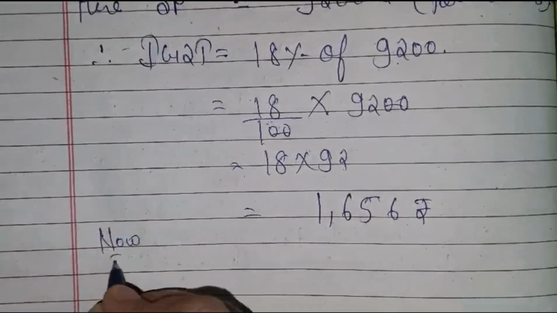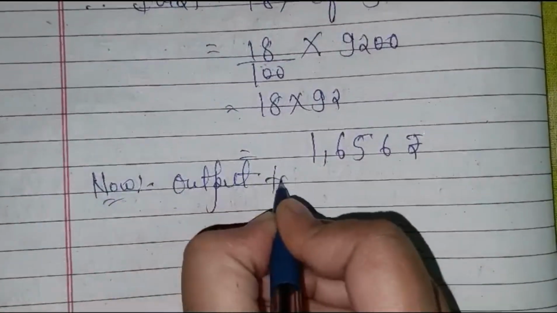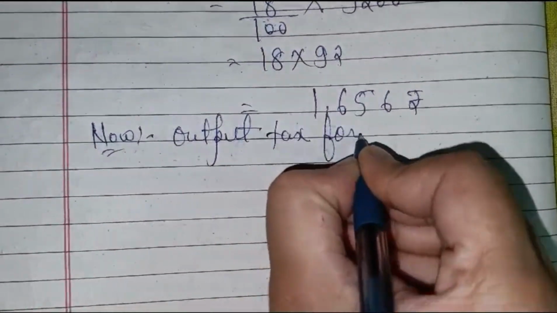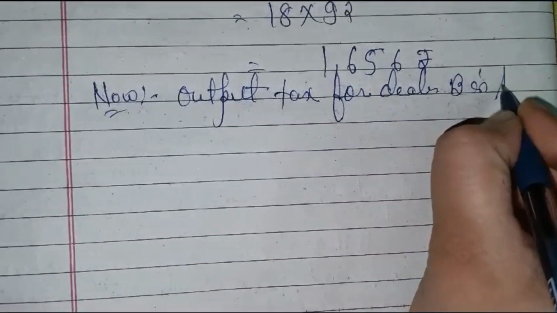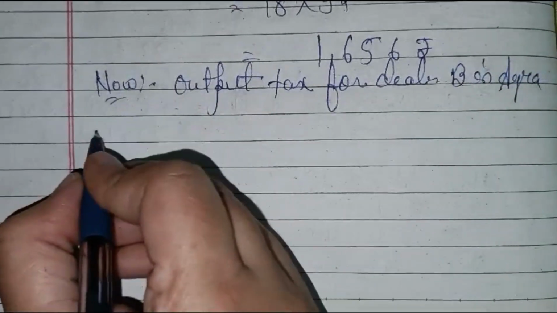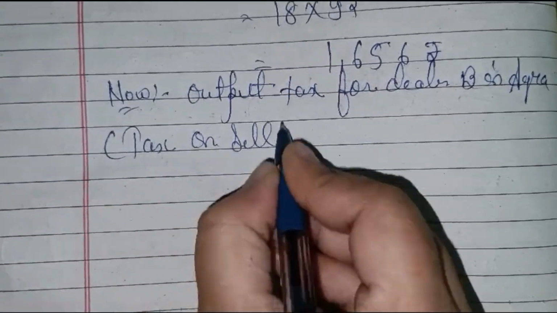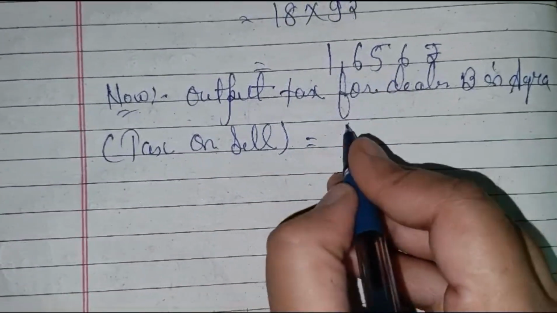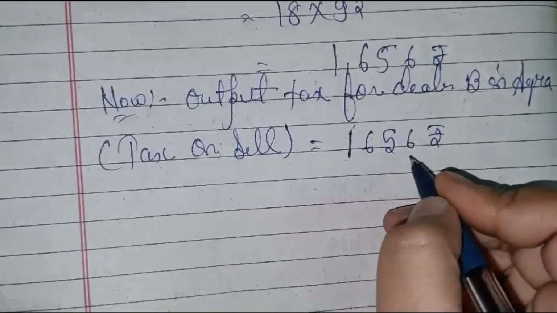Now output tax for dealer B in Agra, that is tax on sale, equal to 1,656 rupees.